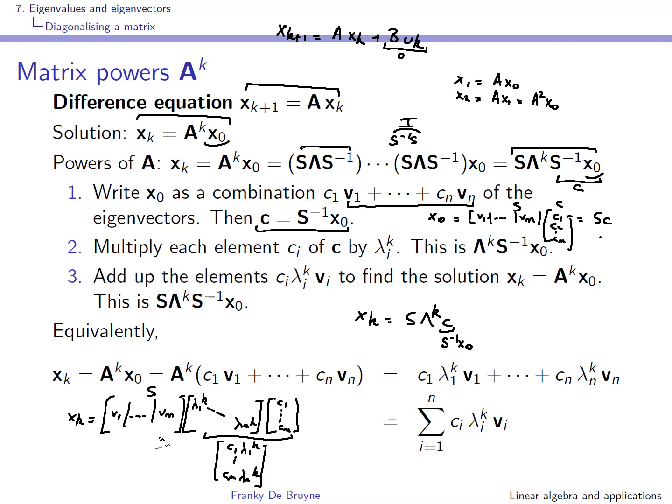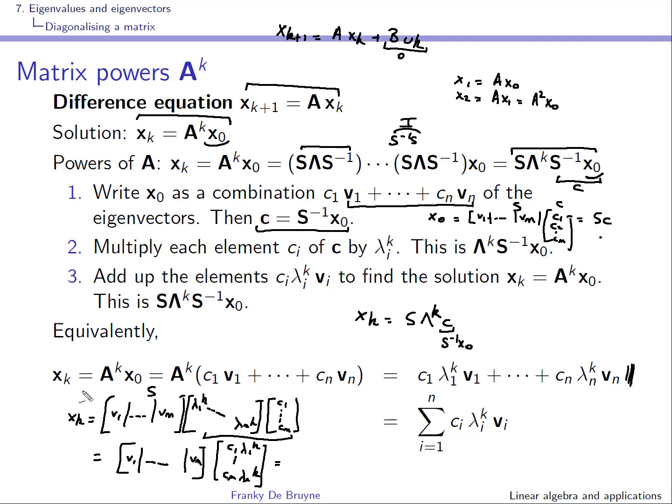And now it's this matrix over here, S again, v1 up to vn, and you can take the column interpretation, and this will lead to what we have written over here.